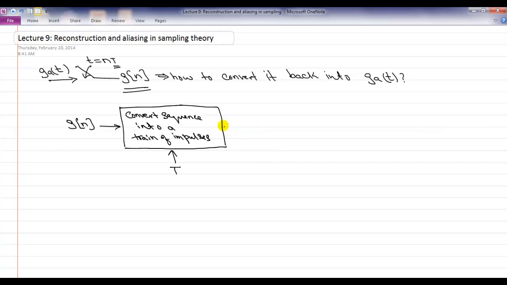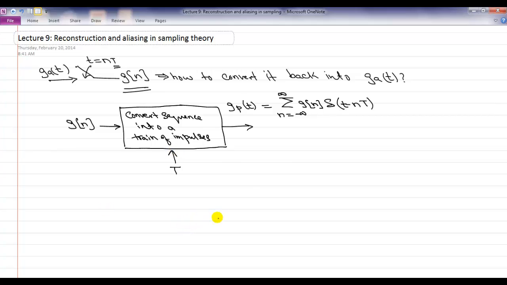So you have to input this, and then you get back our beloved Gp(t), which is simply given by the sum over n from minus infinity to infinity. So we just put down impulses at every T seconds, and the weight of each impulse is given by g[n]. And this is the same Gp(t) that we actually used when we were going from Ga(t) to g[n], and the one we used to prove the Nyquist theorem.